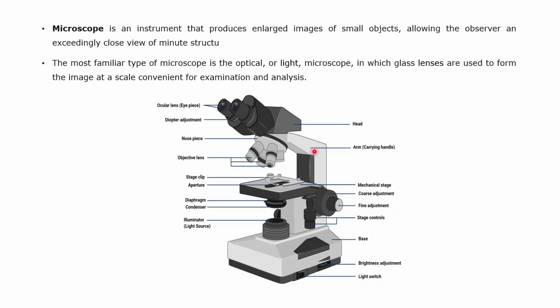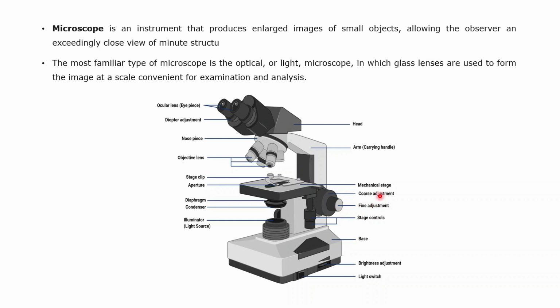And there's an arm which holds all these components, including the components present beneath the objective lens. You can see that there's a stage clip as well as an aperture. So basically you put the sample there, then adjust the magnification, and then look into the eyepiece, then adjust the focus using a coarse adjustment as well as a fine adjustment.